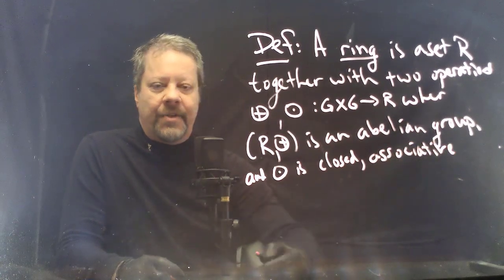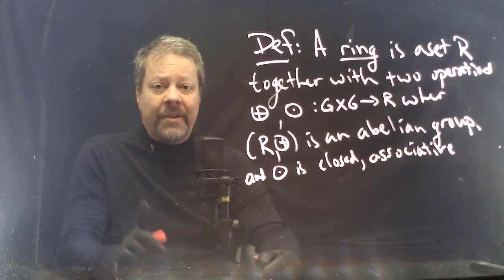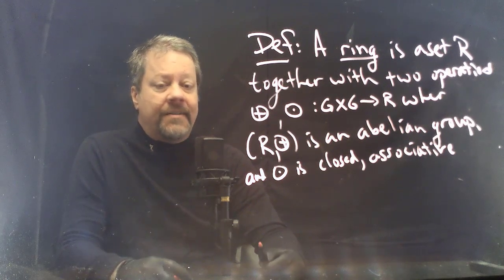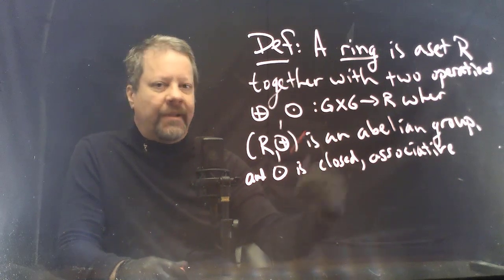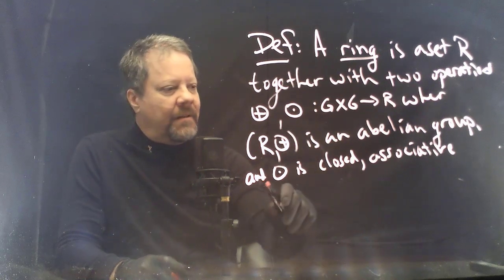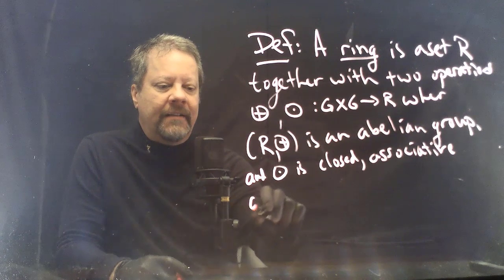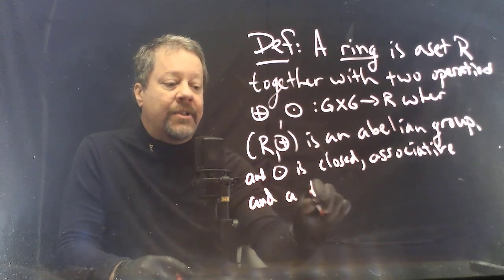It satisfies an associative law, but we don't necessarily assume that it satisfies a commutative law for multiplication. If it is commutative, we call it an abelian ring. But we do assume one more thing, a distributive law.